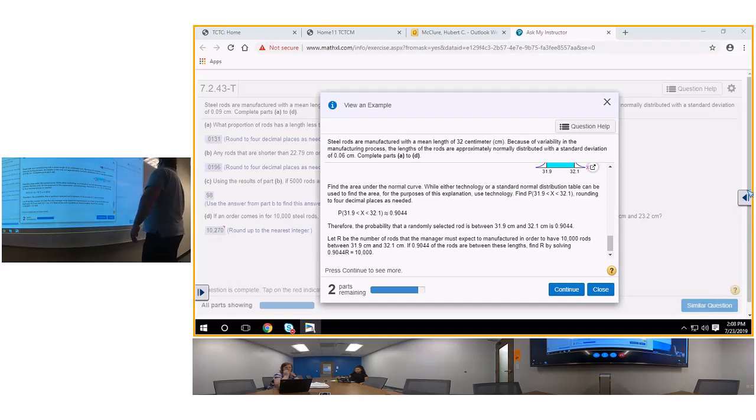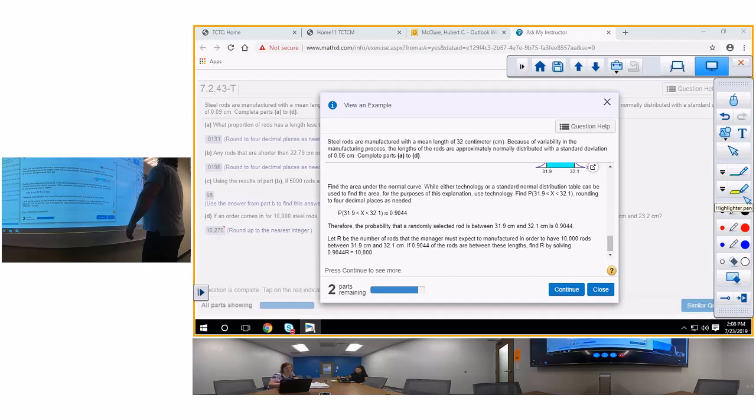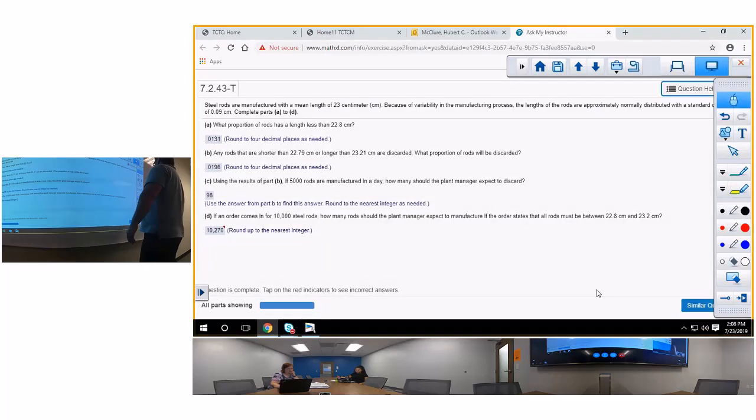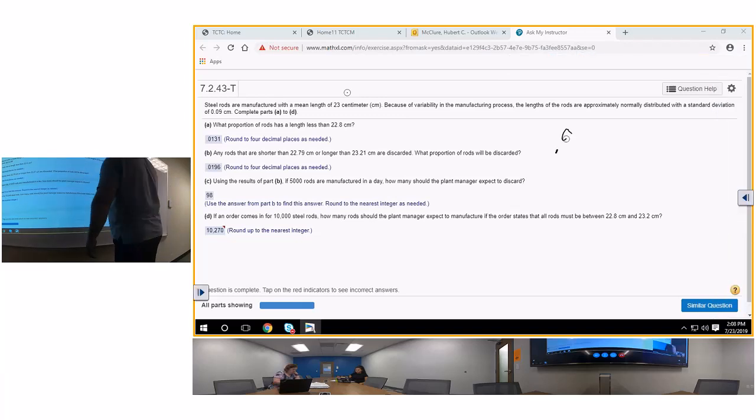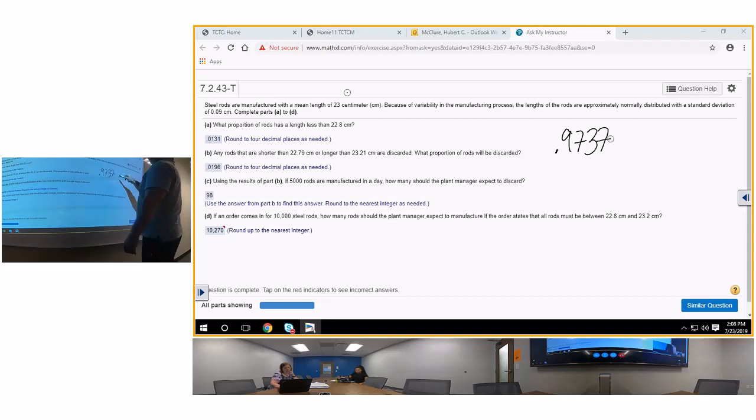Oh my Lord. I'm worried about going to get my mama and worried about trying to get these questions in. You should have just found it. 0.9737 times x is equal to 10,000. Divide by 0.9737.